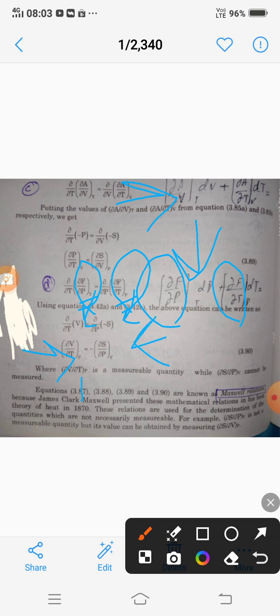So this was all about the Maxwell relation, that is a mathematical, theoretical relation about heat, and this relation is used for the determination of quantities which are not necessarily measurable, by making use of the quantities or factors that are measurable. For example, if we want to measure this segment that is unmeasurable, how can we measure it? We can measure it by measuring this factor that is measurable.